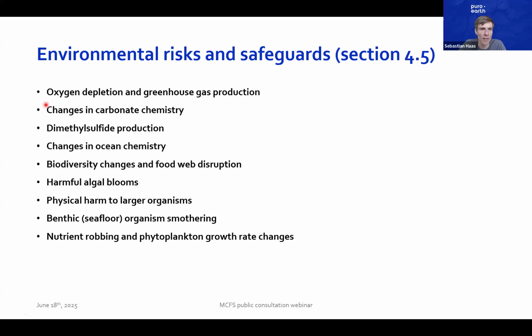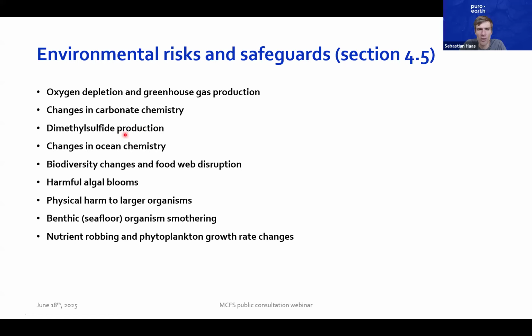Next, we also addressed a bunch of other chemistry-related environmental risks. Some of these have the potential to actually be co-benefits of this technology. For example, changes in carbon chemistry would mostly be expected to slightly raise the pH, which could counteract ocean acidification, and that would be caused by the photosynthesis.